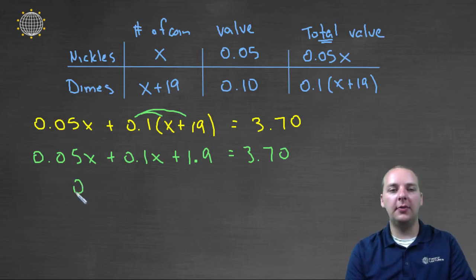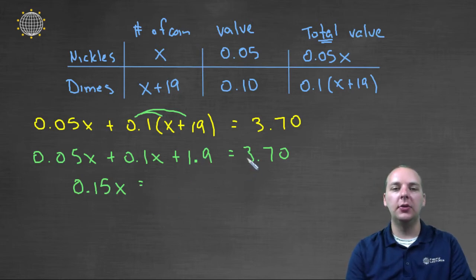All right, and then we'll combine like terms. The left side would have 0.15x, and then we'll subtract the 1.9 from the right hand side. So $3.70 minus $1.90 would be 1.80.